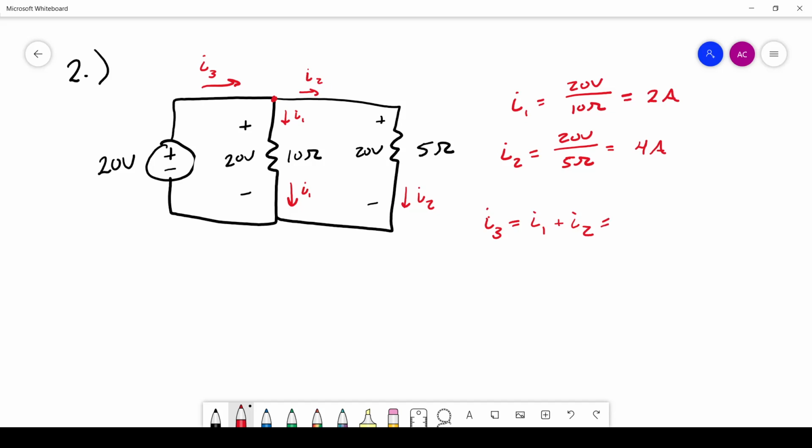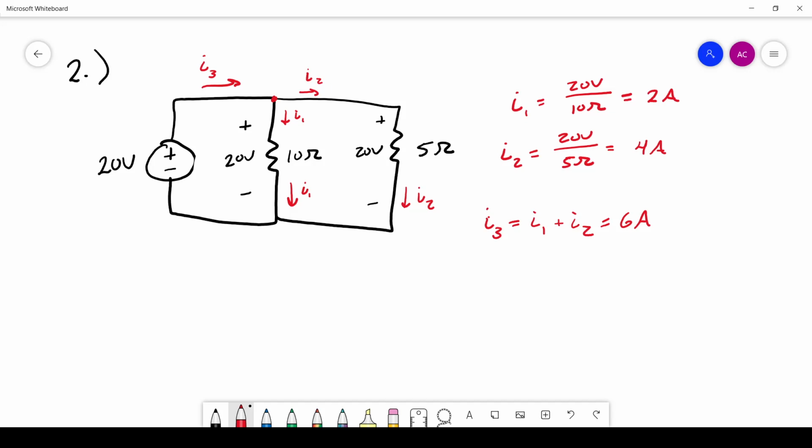So that means that I3 is going to be just 6 amps. Okay, so now we know the current through every component, the voltage across every component, and so this circuit is pretty much solved. And notice I managed to solve this circuit without having to do the parallel resistor combination that we had talked about before.